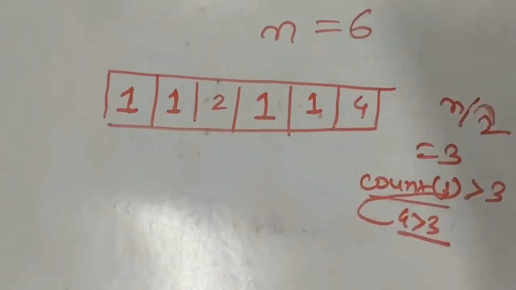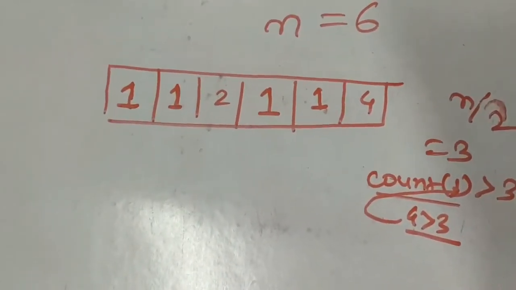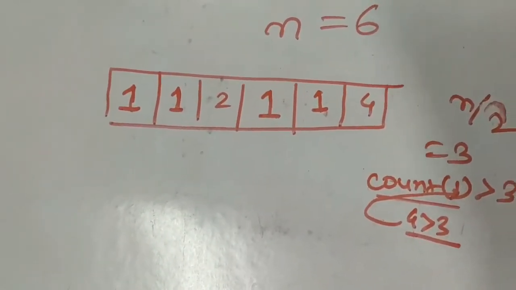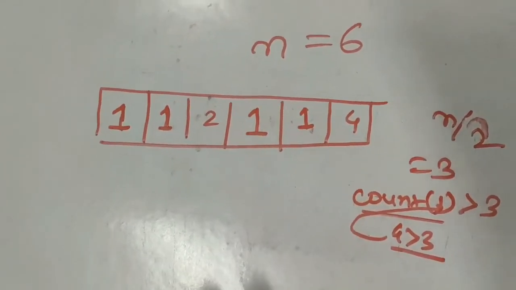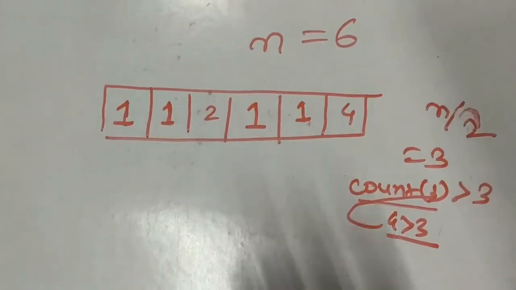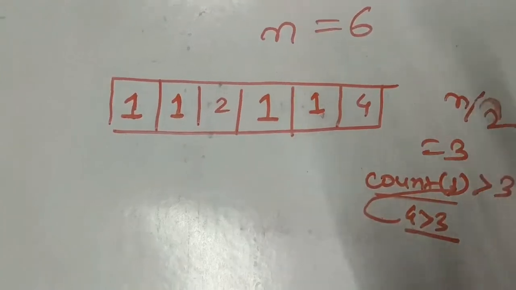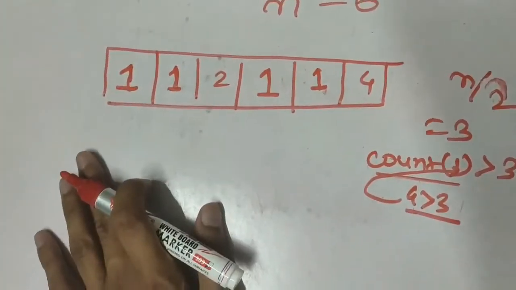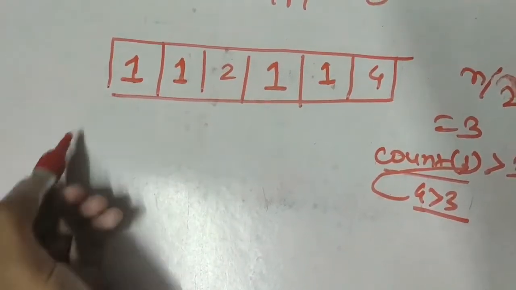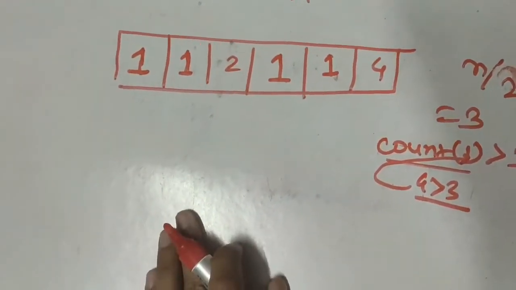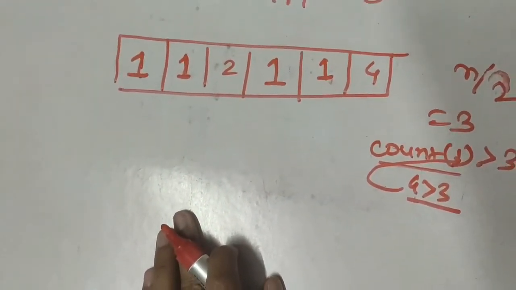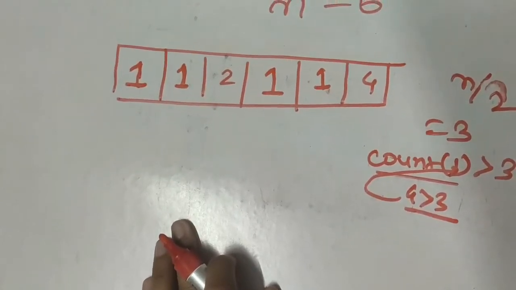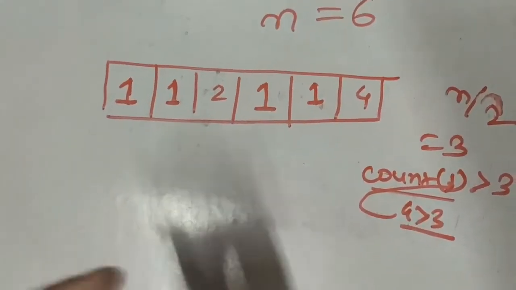So how can we find the majority element? There are several approaches. We will move towards the best solution at the end, but first let's understand how people approach this problem. Initially people think that we will create a frequency array, store the count of each element in it, and then find which element has a count greater than n by 2 and return that element.